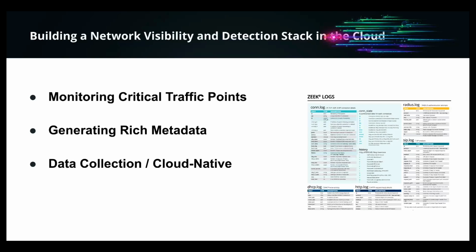So a practical step is to use tools like Zeek, which is embedded in Corelight, to turn network data into meaningful insight. It isn't just about having data, but really having the right data to help us understand what's happening in real time. And by leveraging cloud native tools like Amazon Traffic Mirroring or GCP Packet Mirroring, which are designed to work seamlessly with cloud environments, we get full visibility without adding complexity.